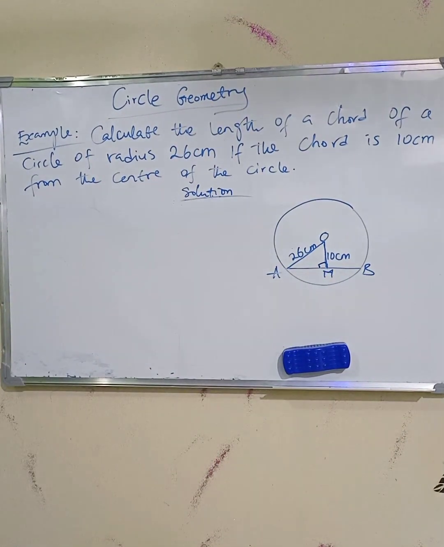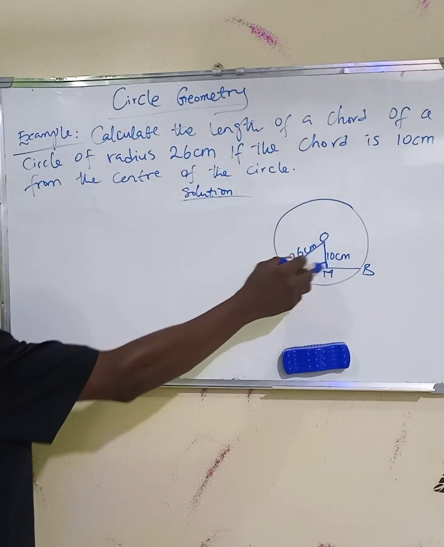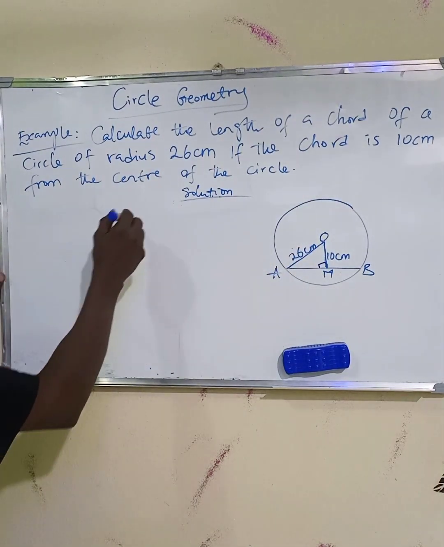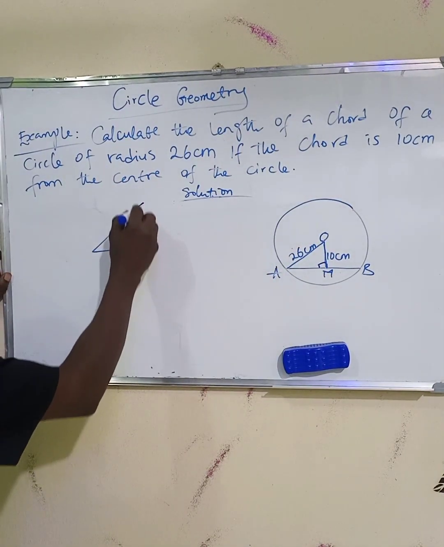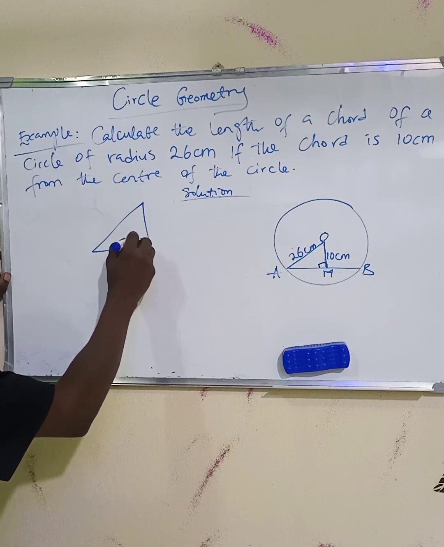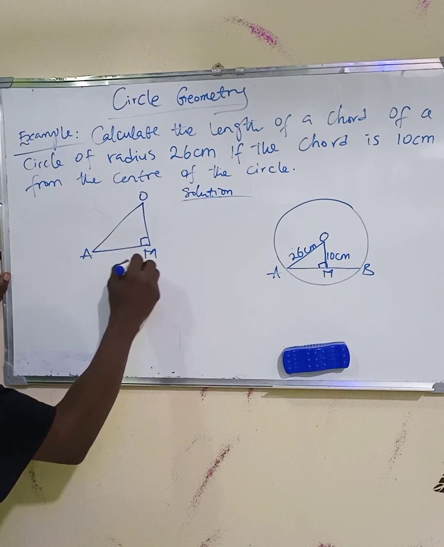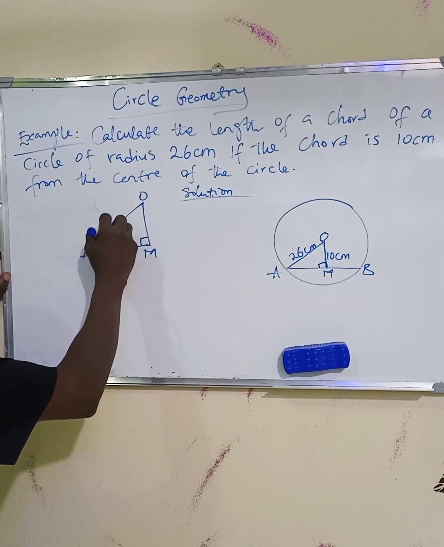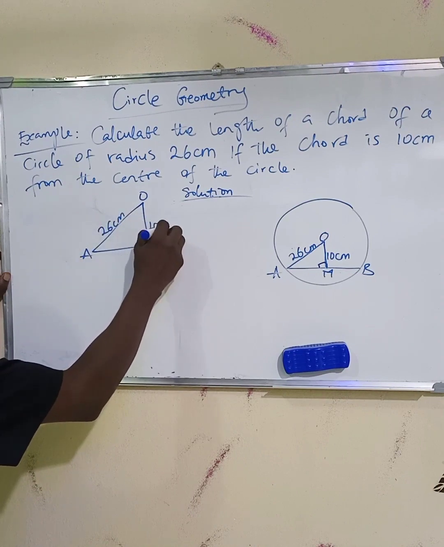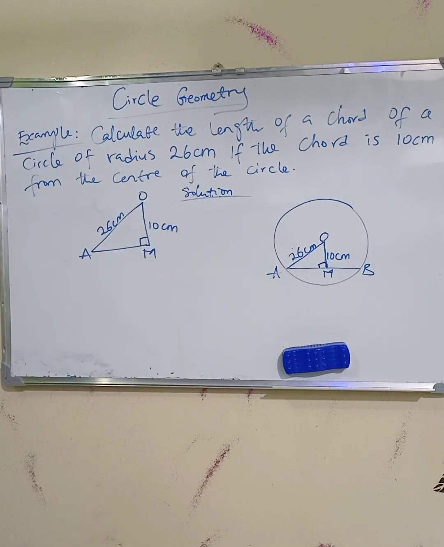All right, so let's calculate. Let's solve to find the solution to this question. But first, we're going to bring out this right angle triangle. Let's bring it out. Now, from this right angle triangle, it is obvious that we can use Pythagoras theorem to actually solve the problem.